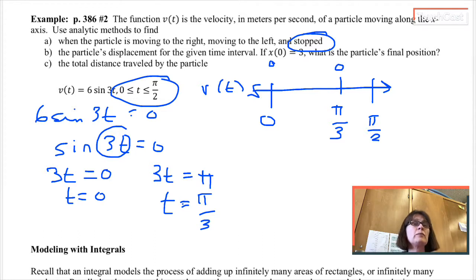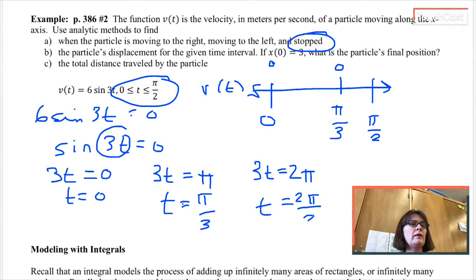Is there another time? So I'm going around the unit circle thinking of angles that I can take the sine of to get a result of 0. Well, sine of 0 is 0, sine of pi is 0. The next time around is sine of 2 pi. So I could say that 3t equals 2 pi. If I divide both sides by 3, I get t is 2 pi over 3. But that's past the end of the interval that I'm interested in analyzing.